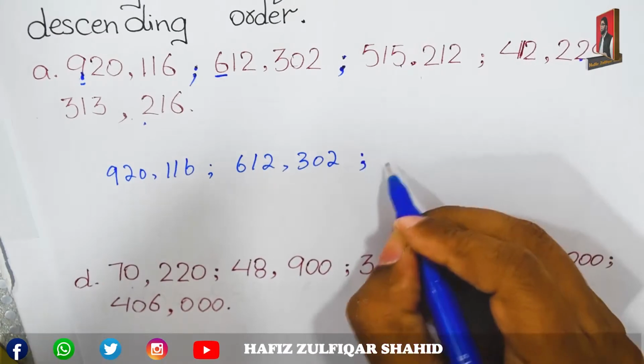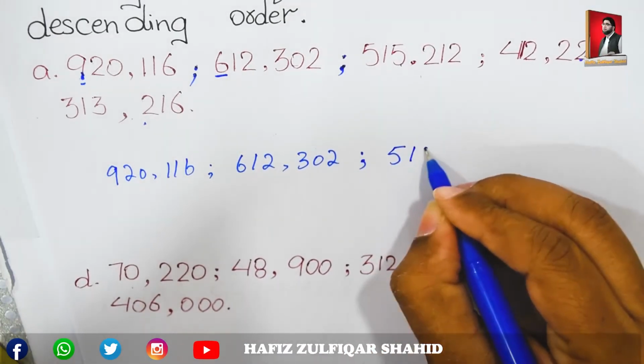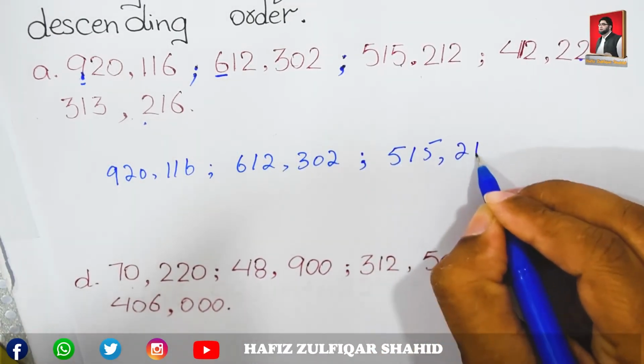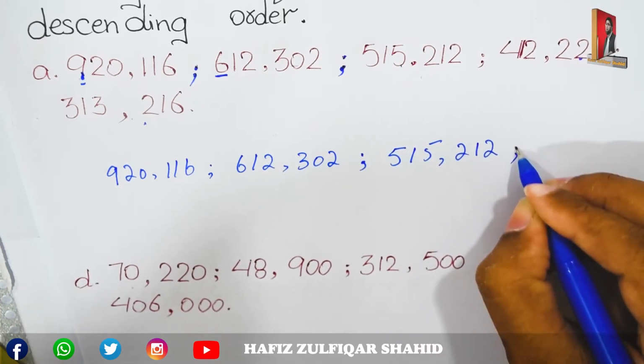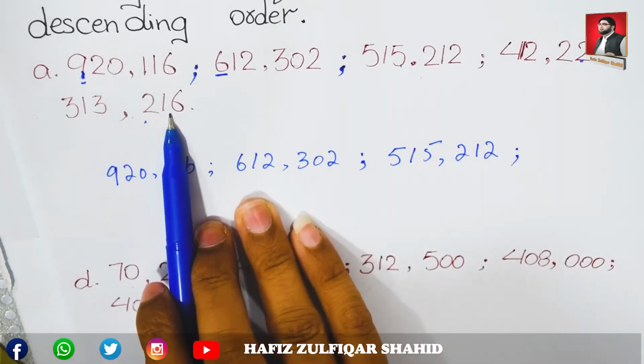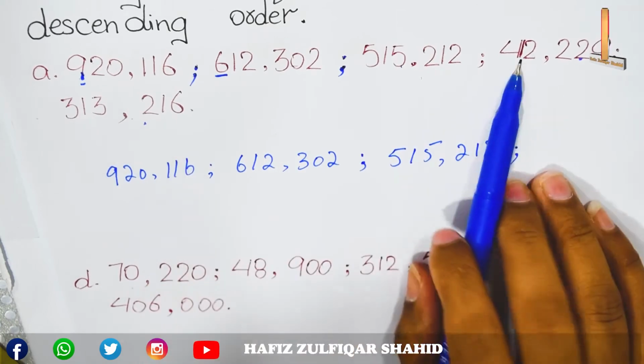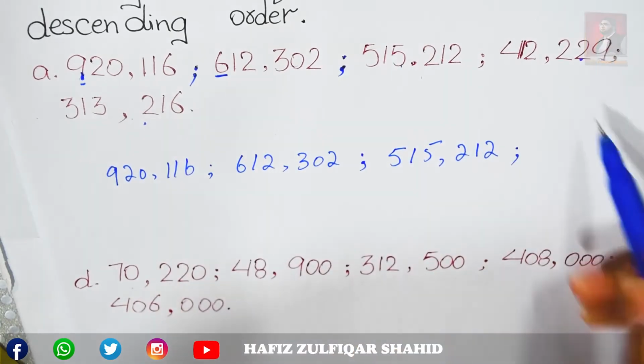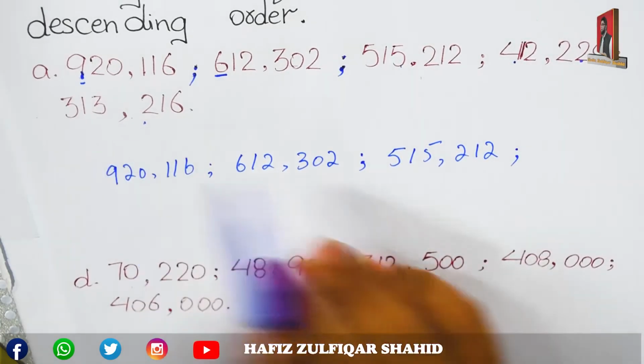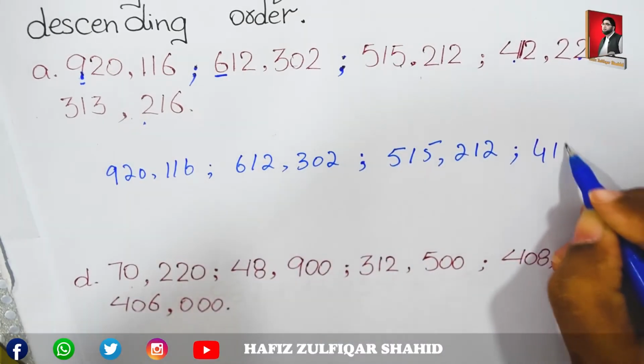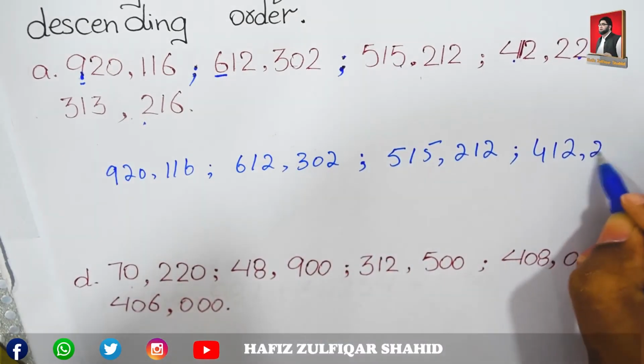We can see 515. Now compare these 2 values, 412 and 313. We know that 412 is greater than 300.